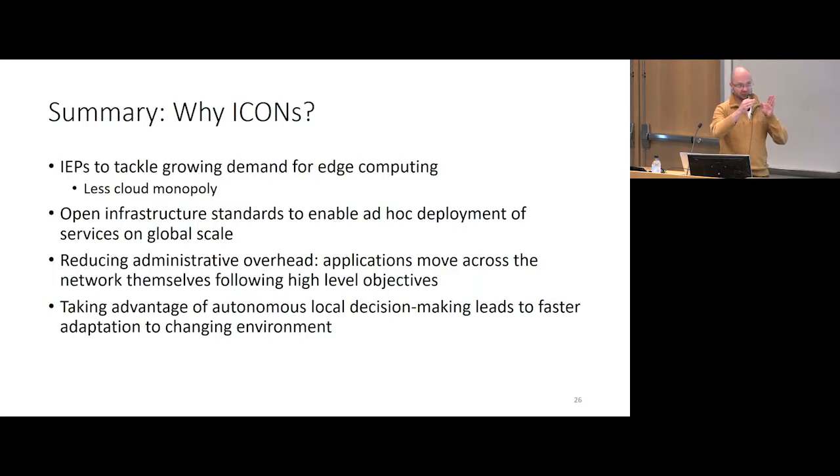Because if you have some optimizer sitting in the cloud, then it has to gather the picture of the world, then it has to compute a big solution, then it has to propagate back its decisions, and probably then it's already too late. In our evaluation, we have shown that taking autonomous local decisions provides faster reaction times.